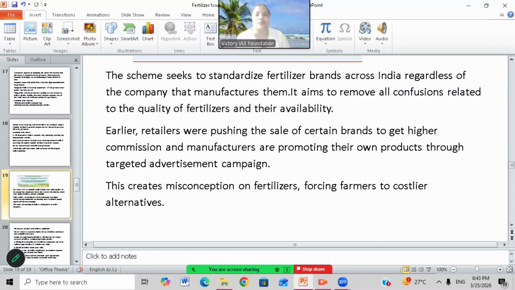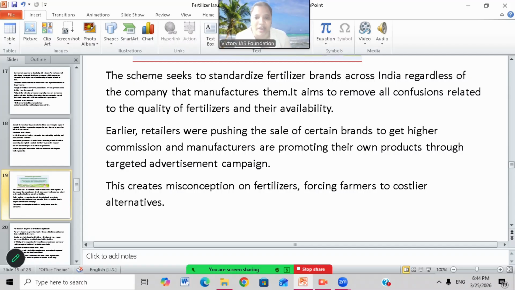It aims to remove all confusions related to the quality of fertilizers and their availability. So farmers think that whatever the good brand is there, the one with a good advertising company, it's a fertilizer of good quality, and other companies' fertilizer is not of good quality. That confusion will be removed by this scheme.